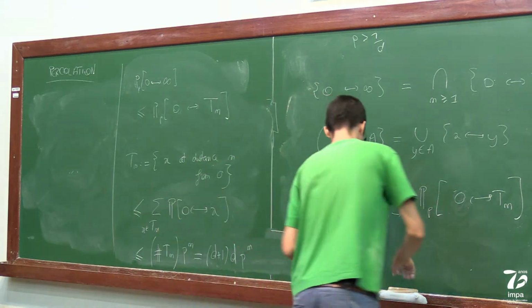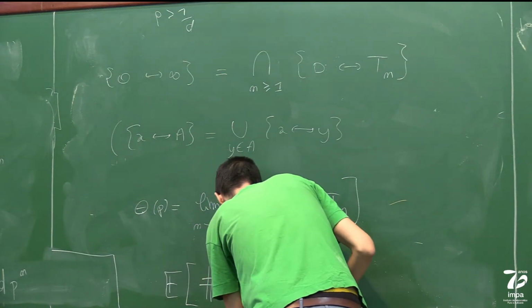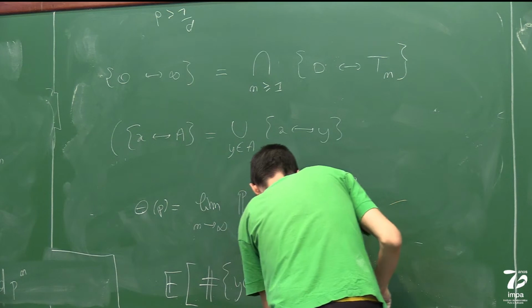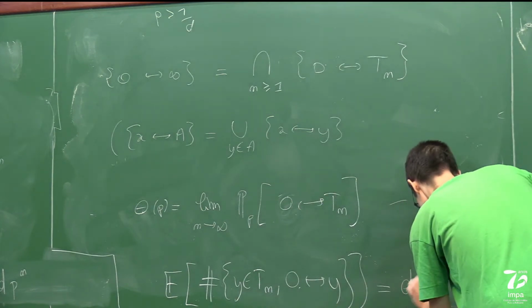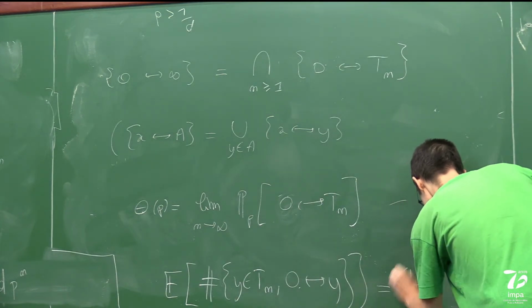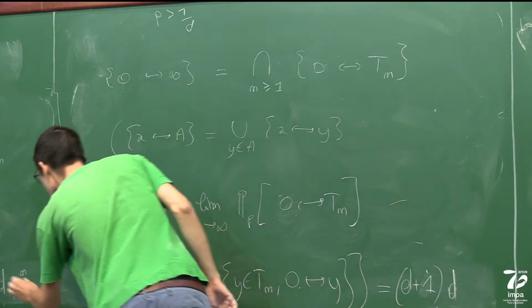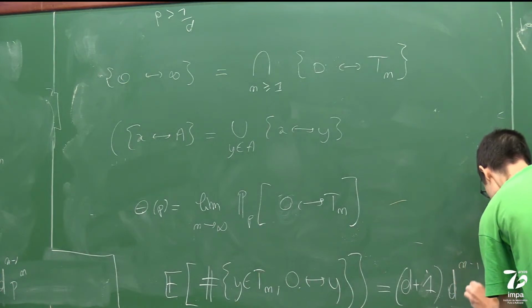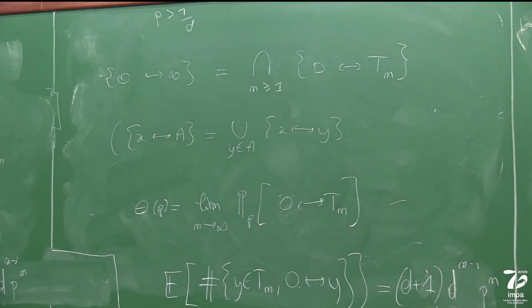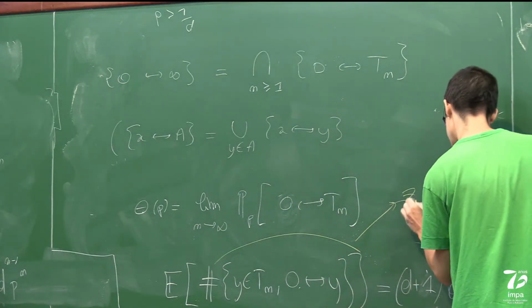Okay, so the expected number. I'm going to call this variable Zn.